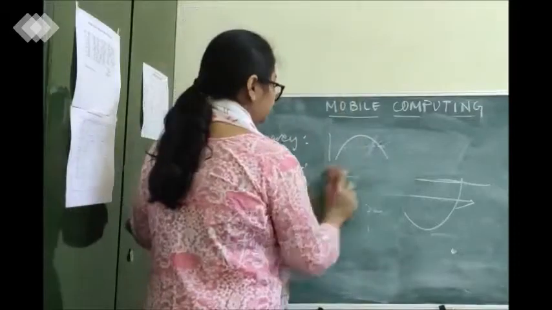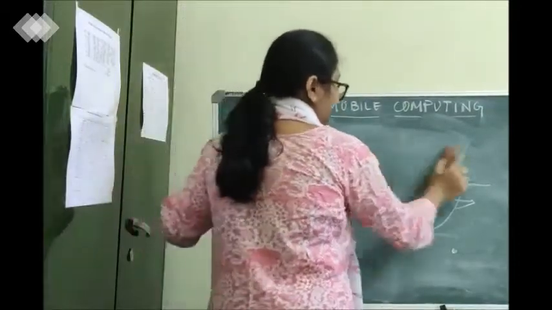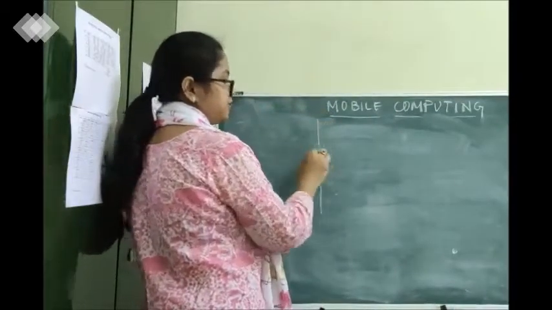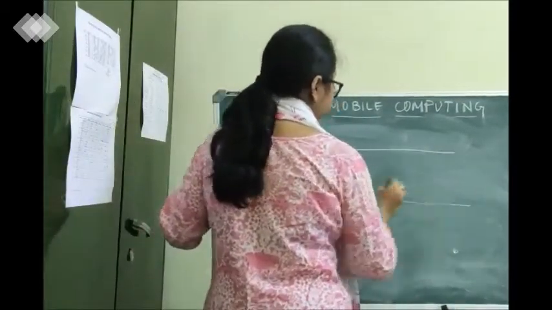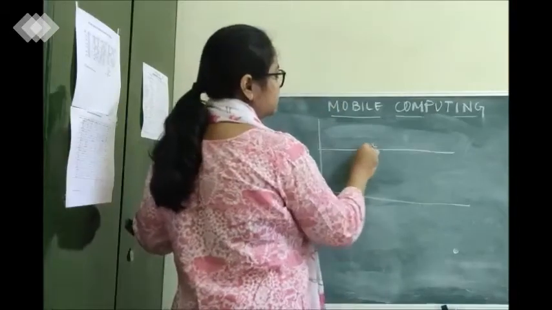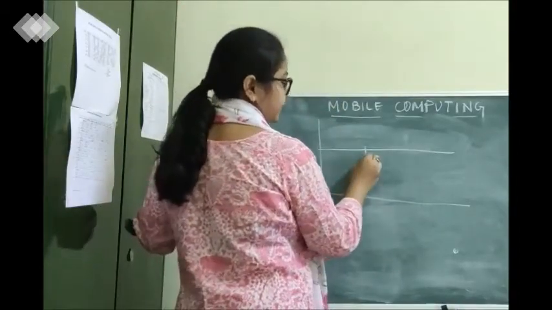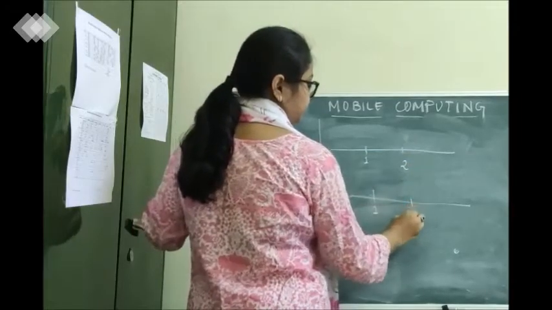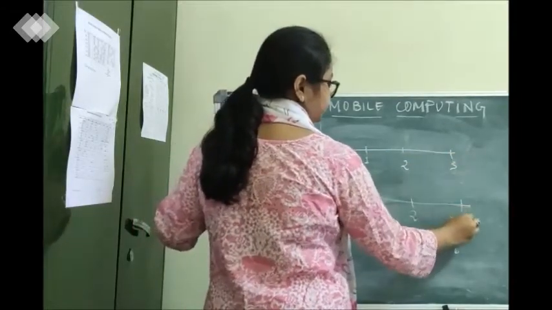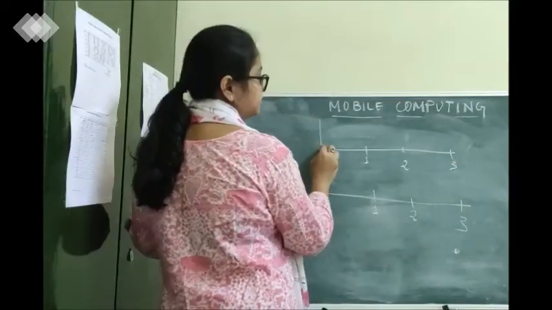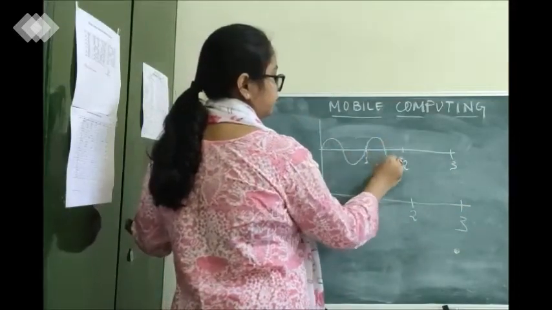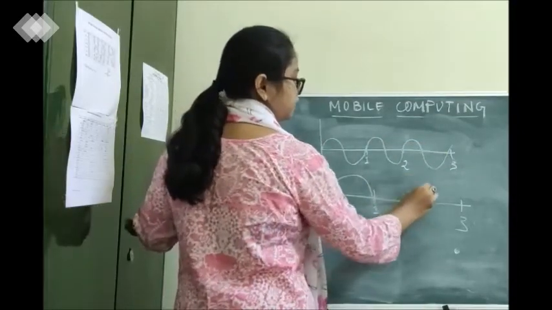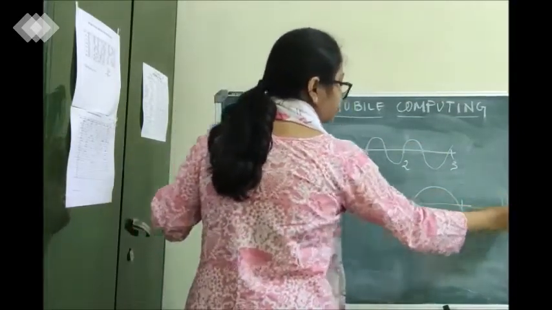Okay. So to give a better idea, in light there are various types of signals. Suppose we are defining time in terms of seconds. This is 1 second, 2 seconds, up to 3 seconds. Now suppose this is the frequency of one wave, and this may be the frequency of another wave.